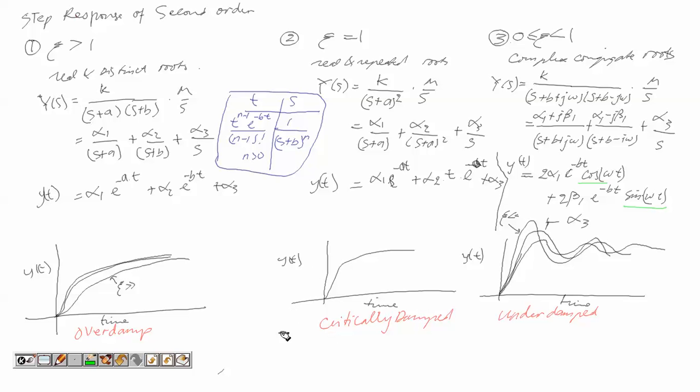Small theta will produce a higher degree of oscillation.